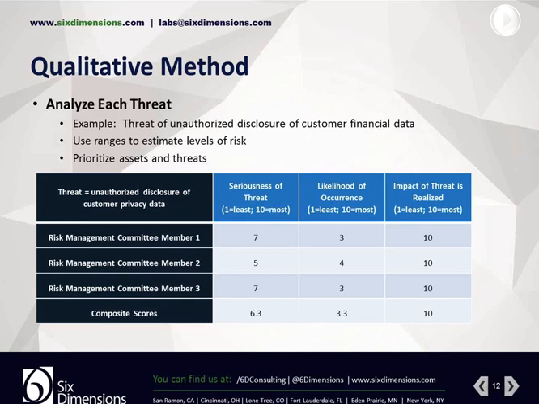And I want to do it in a way that's commensurate with the level of the threat and the level of that composite score. So here I think you've seen the difference between the qualitative and the quantitative method. The quantitative method deals with monetary values, and this more is a weighting and a prioritization of those particular threats and risks.